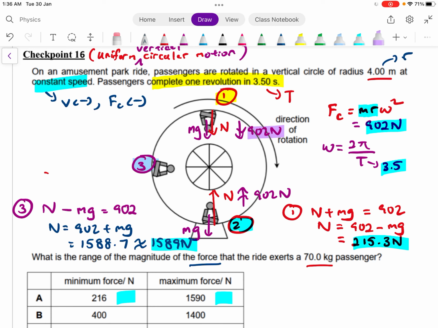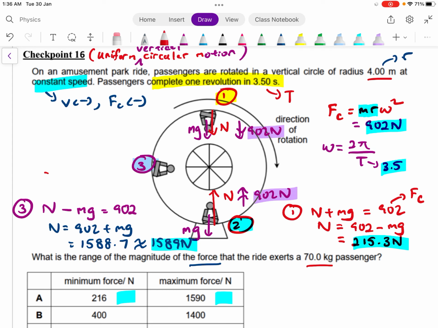Meaning that at the bottom, the centripetal force will also be 902, because they say constant speed, which means the centripetal force will be constant also. Okay, so at point number 1, since we know that normal contact force plus weight is equal to the centripetal force, the 902 here is the centripetal force.